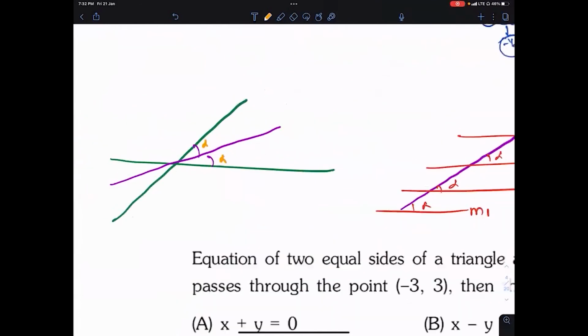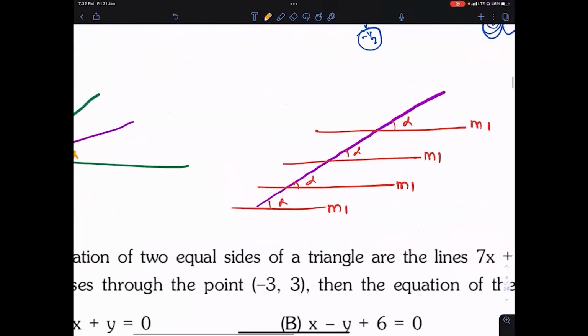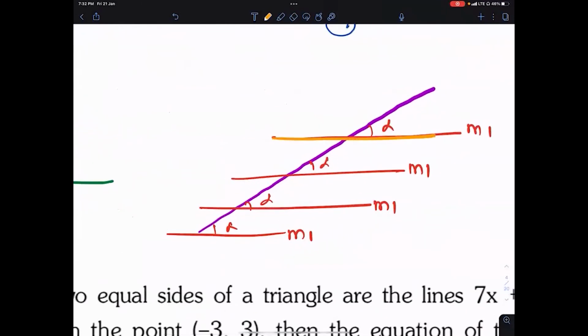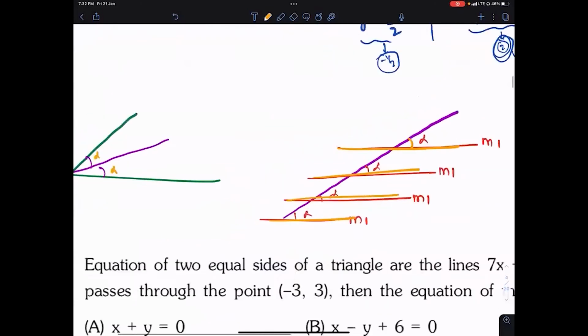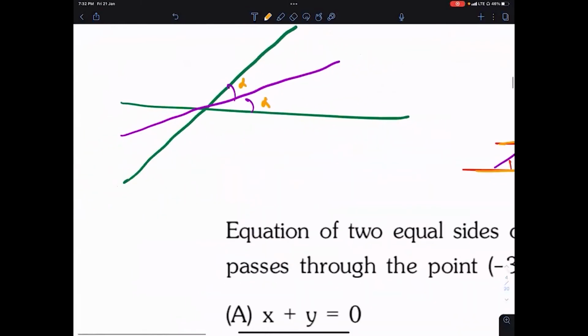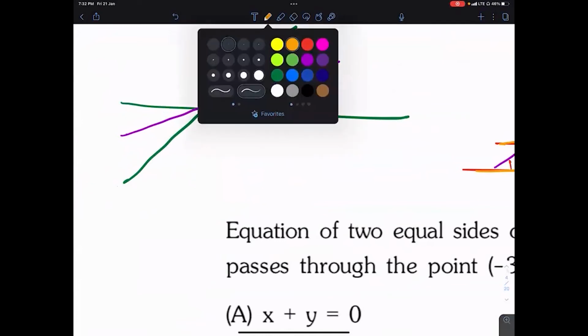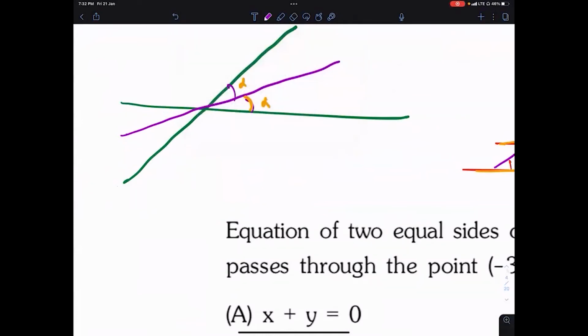And if a line is making some angle with a given line, if you shift it parallelly also, that angle will not change. So here also, this violet color line is making the same angle alpha with both the green lines. If I shift that violet color line parallelly, that angle alpha should not change with both the lines.